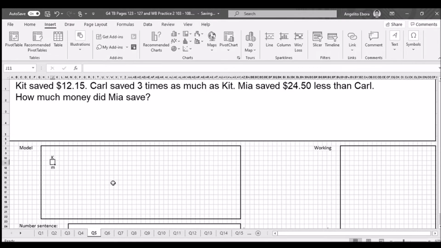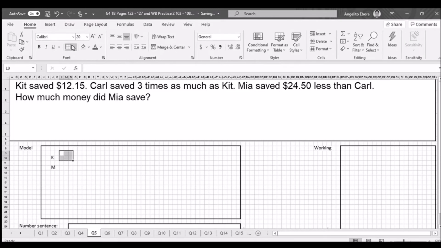And M. So it says that this one is for Kit, which is $12.15. I need to make it bigger. So $12.15.